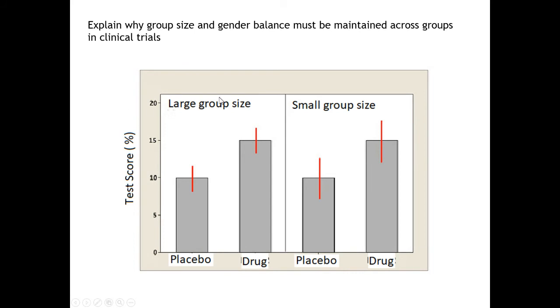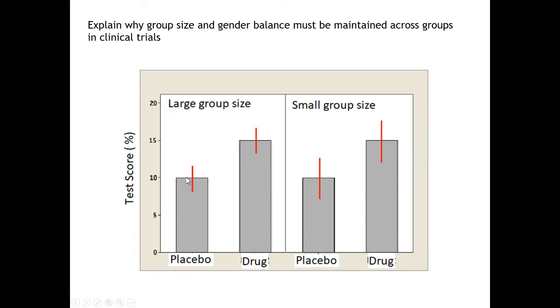So in this large group, we gave people a drug to see if it affected their test scores in an exam. The placebo group, it looked like, got an average result of 10%, so not very good. And the treatment drug group got an average result of 15.